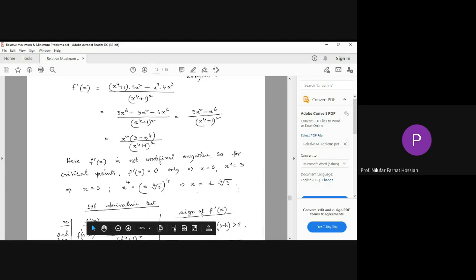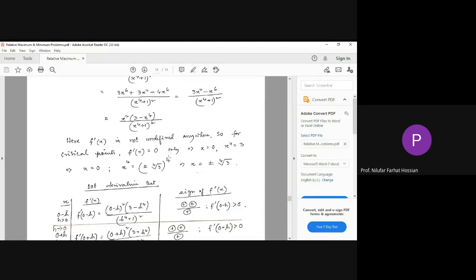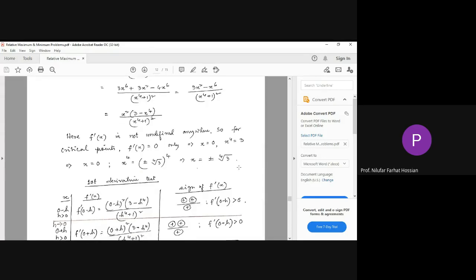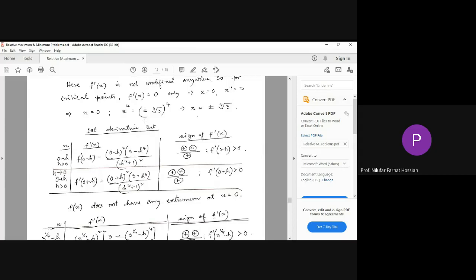There will be two values, either positive or negative, because the power is 4. So there are 2 points here, plus minus 4th root of 3, that means 3 to the power 1 by 4. So actually we have 3 critical points: 0, plus 3 to the power 1 by 4 and minus 3 to the power 1 by 4. And all of these points are critical points.